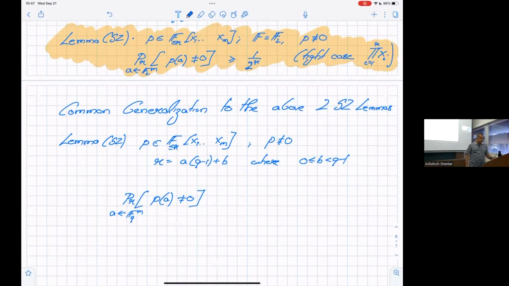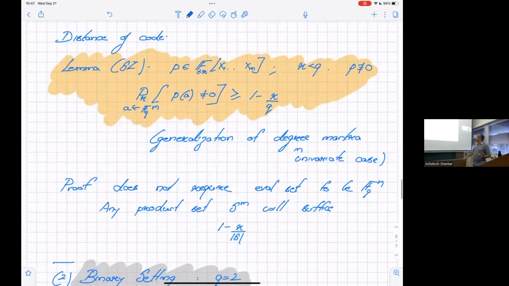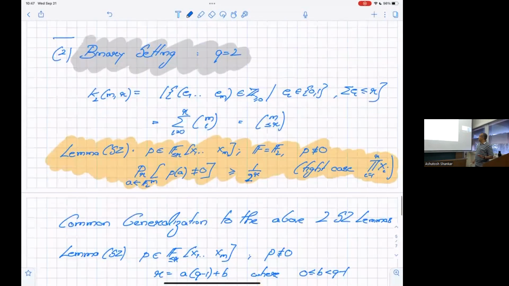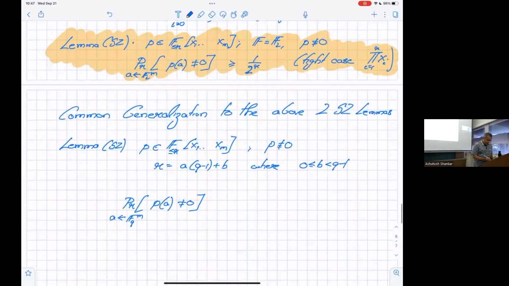Notice in this case b is r itself, b is equal to r and a is 0. In the binary setting, a is r and b is 0. And what this happens to be is 1 by q to the power a into 1 minus b by q.